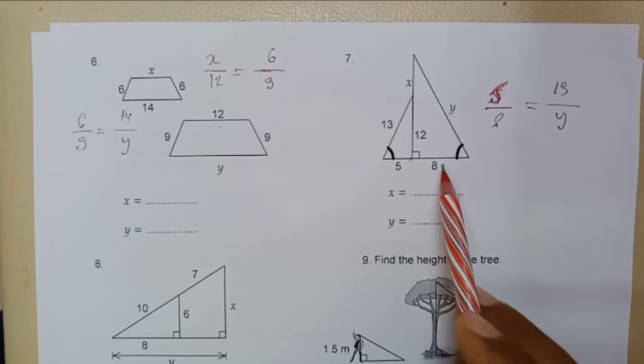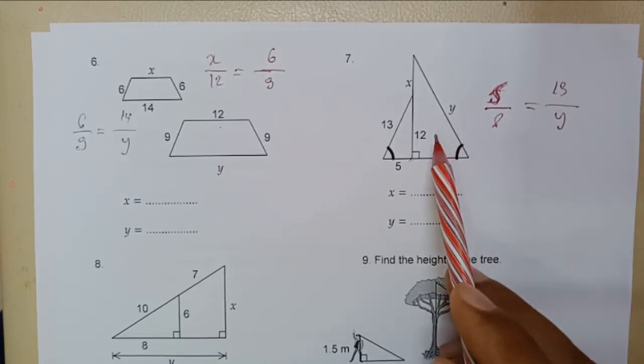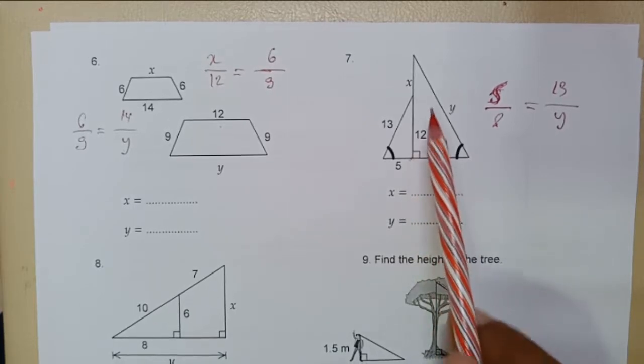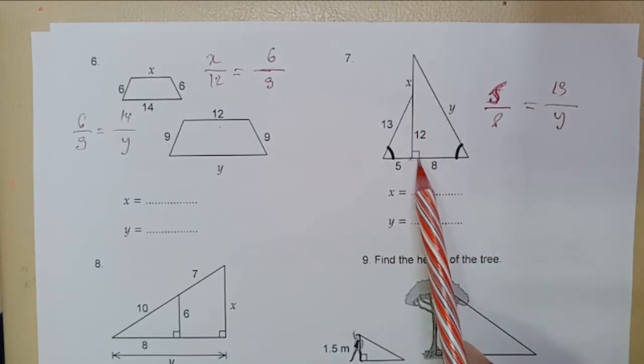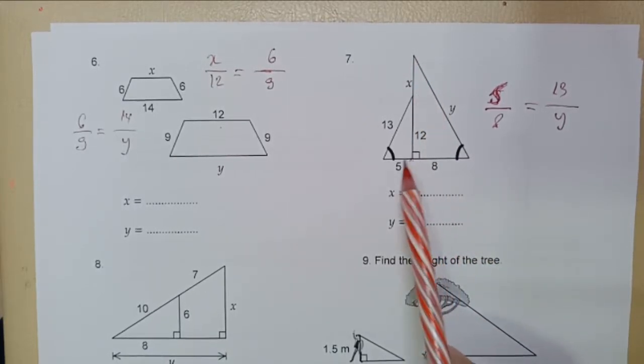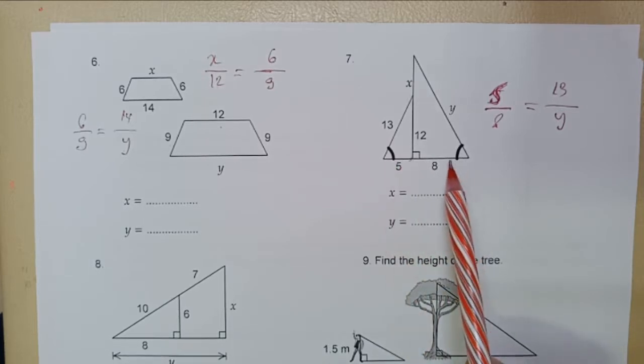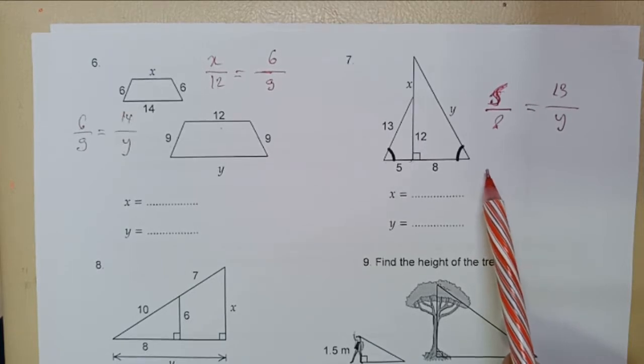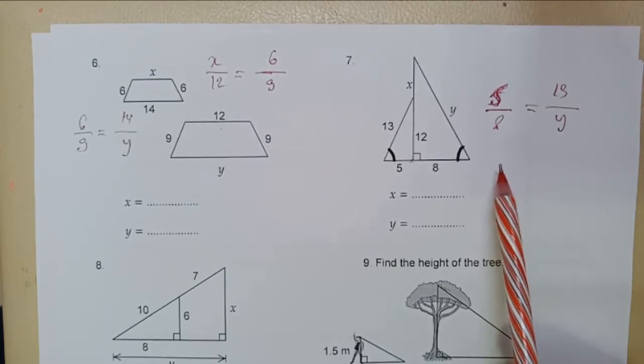So 5 over 8 is equal to 13 over y. For the x value you need to do something else. I don't expect you to give this as a decimal answer, but never mind.